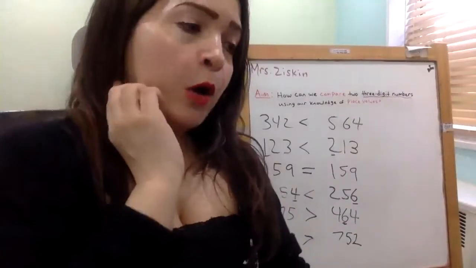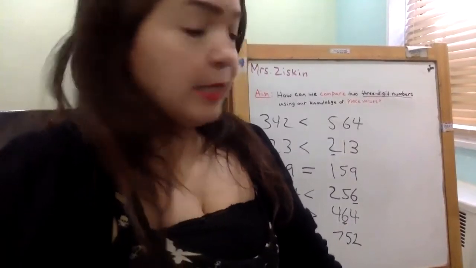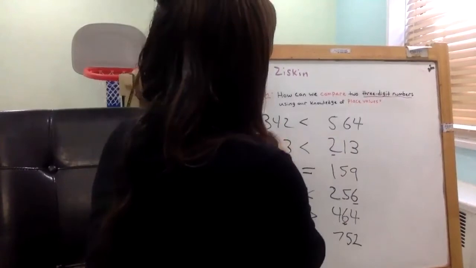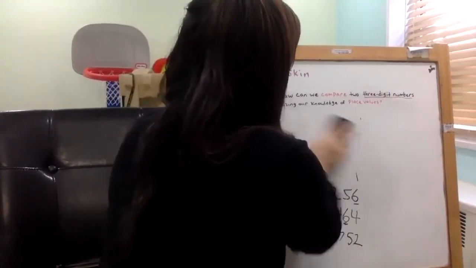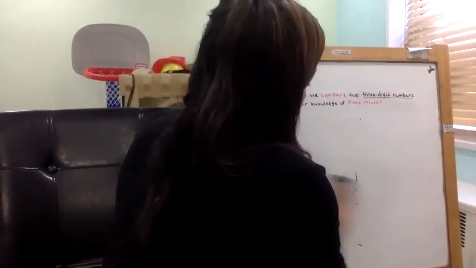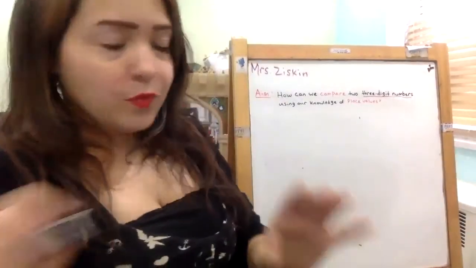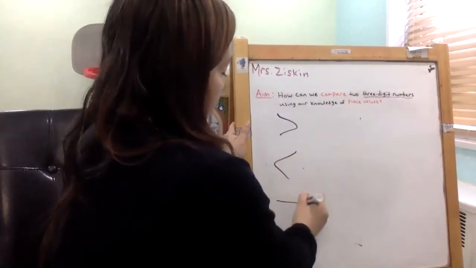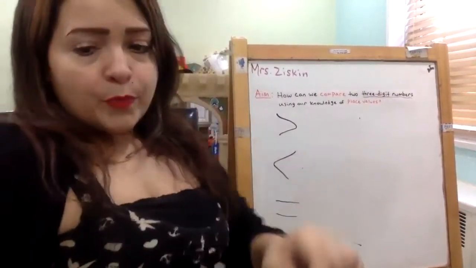Okay, so now I want to do a review and make sure you guys understand our symbols that we did. I would like you to call out together when I point to the symbol.